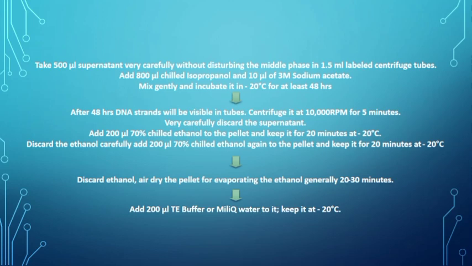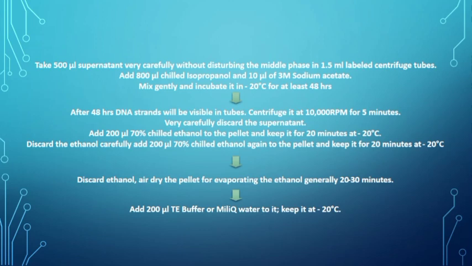Centrifuge it at 10,000 rpm for 5 minutes. Very carefully discard the supernatant, because you do not get a visible pellet every time; most of the time the DNA is invisible. So at the time of discarding, you may also discard your DNA.